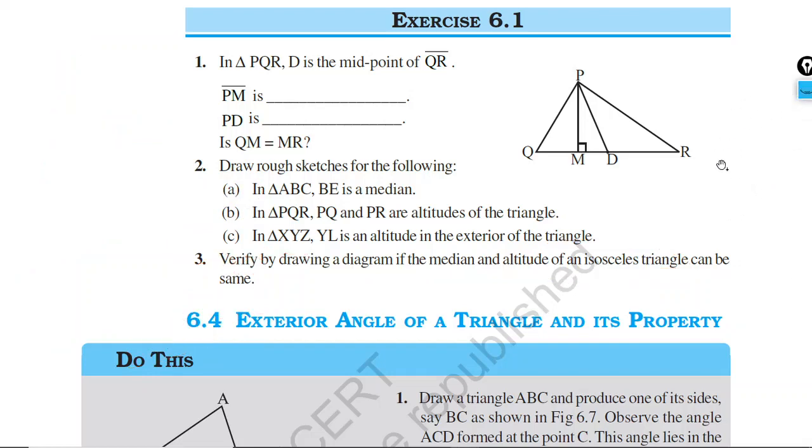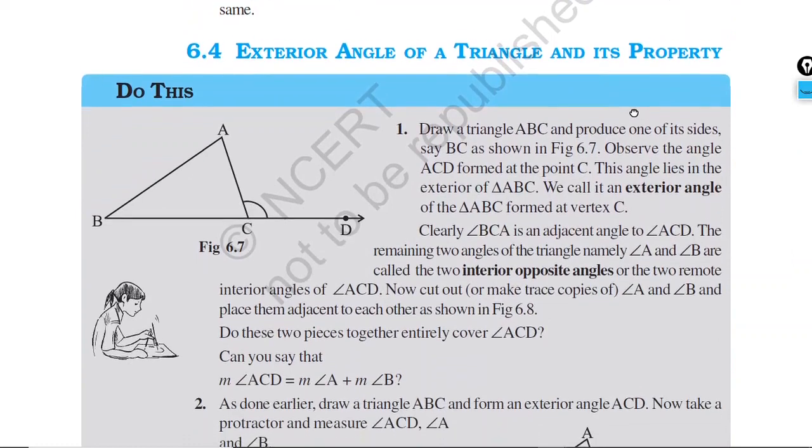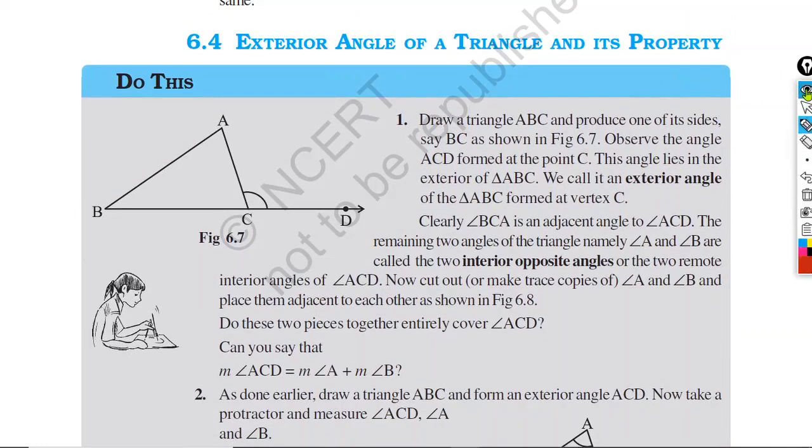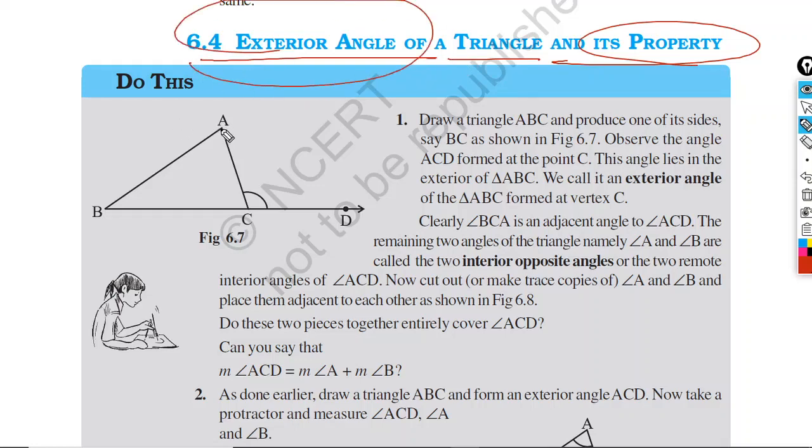Now we will move to another part, that is the exterior angle property. Exterior angle of a triangle and its property. So first we will learn what an exterior angle is. Now you can see a triangle ABC is there. BC is extended to D. Now an angle is formed. This angle is the exterior angle. Okay.